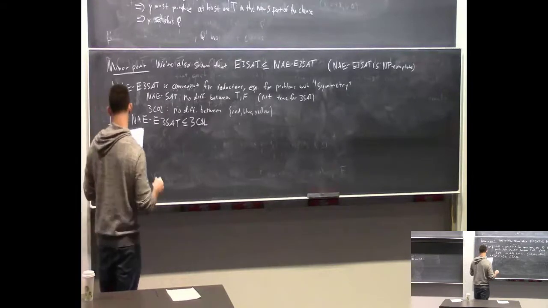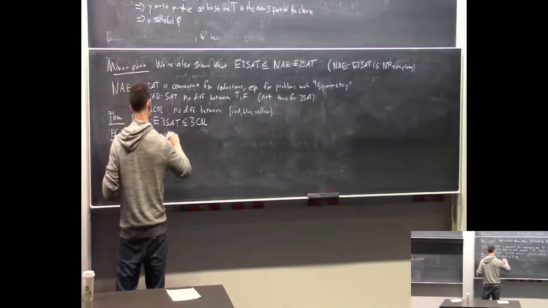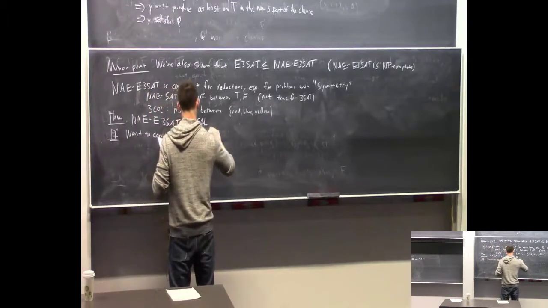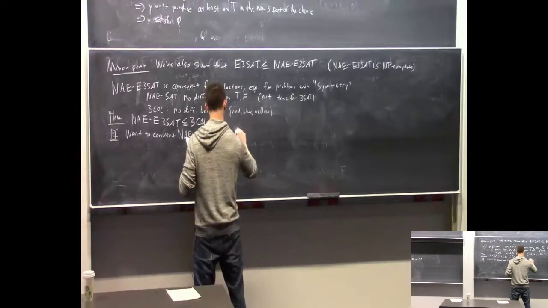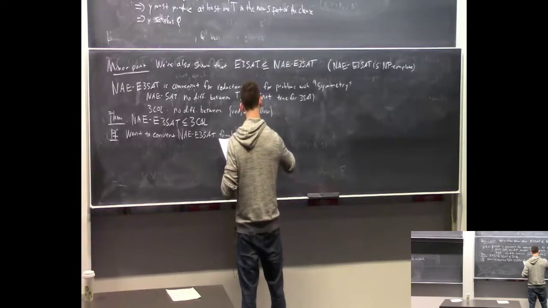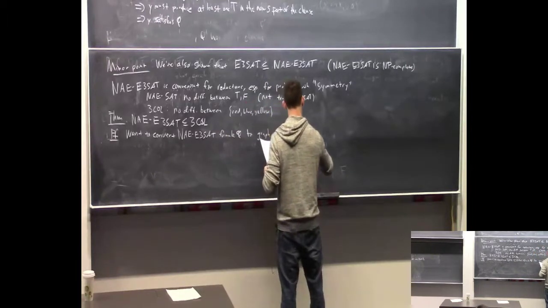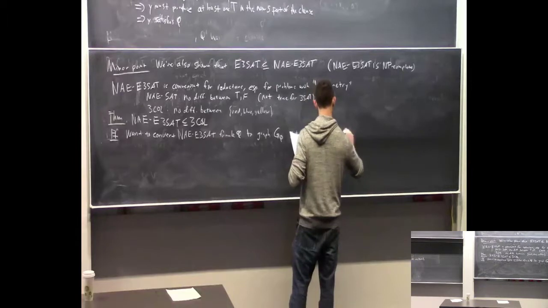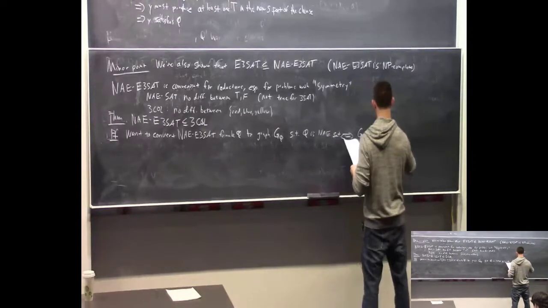And in doing this proof, what is our goal? We want to convert a NAE-E3-SAT formula phi to a graph, which I'll call G phi, such that phi is NAE satisfiable if and only if G phi is 3 colorable.